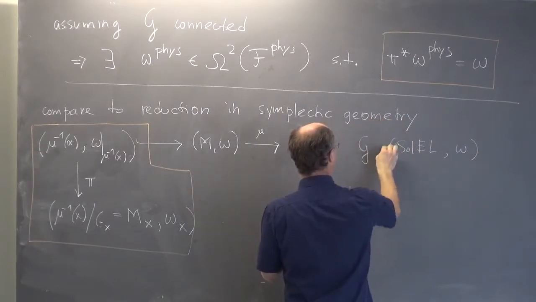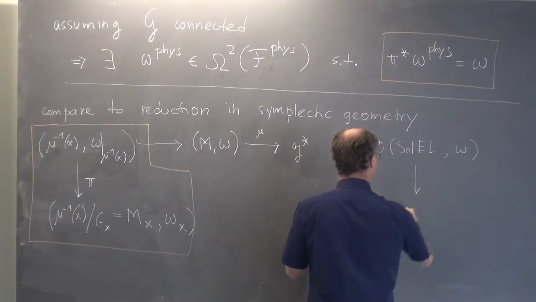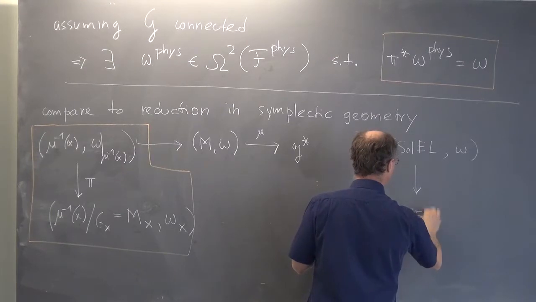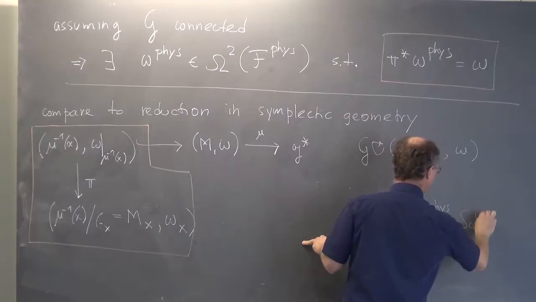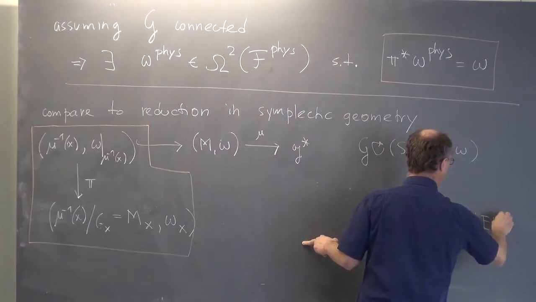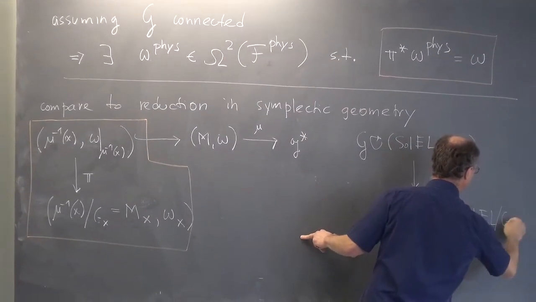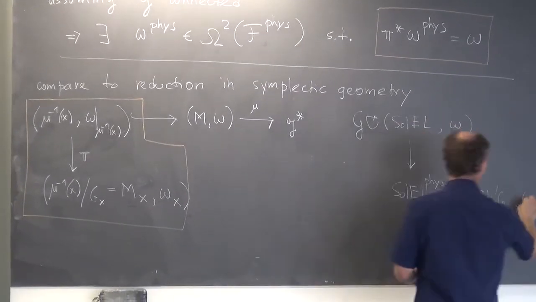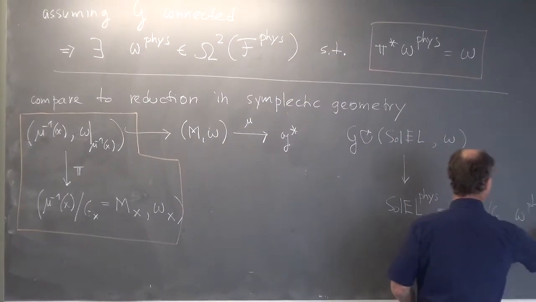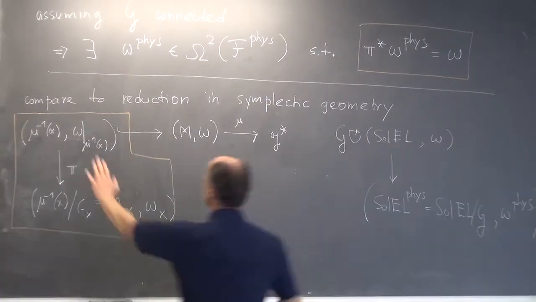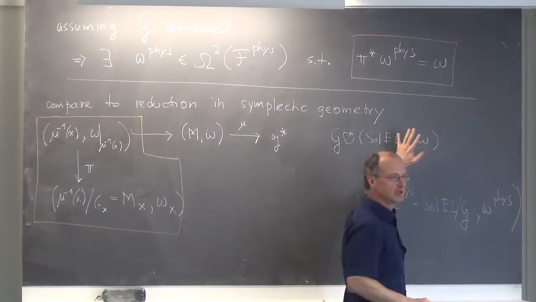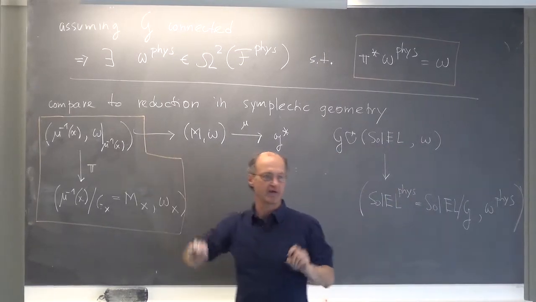This is all acted by G. And here we have Sol EL physical, which is Sol EL divided by G. And we have the form omega physical. So that's the parallel to this story.